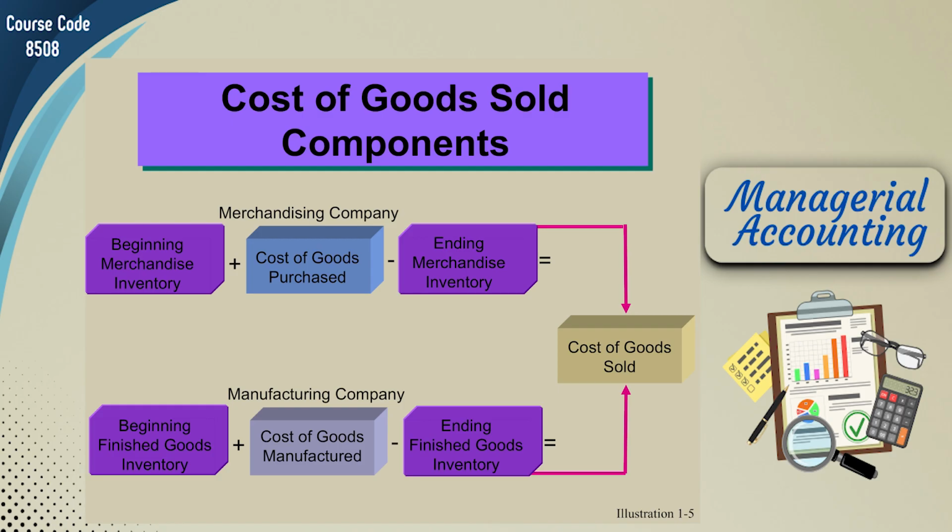For merchandising companies, we take beginning merchandise inventory and add cost of goods purchased, and then we deduct ending merchandise inventory to get the cost of goods sold. For a manufacturing company, we add beginning finished goods inventory to cost of goods manufactured and then deduct ending finished goods inventory to get the cost of goods sold.